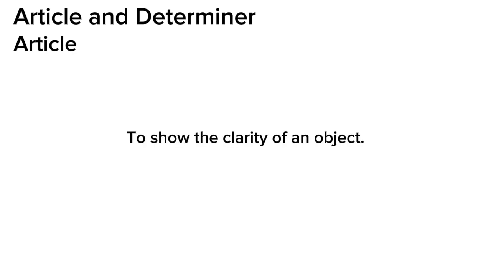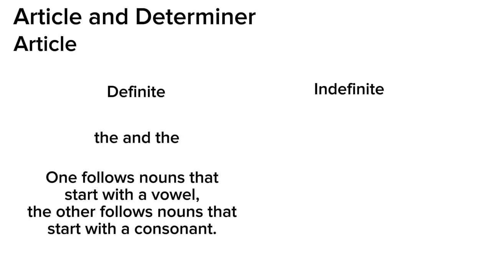Articles in parts of speech function to show the clarity of an object. The articles themselves are divided into two, namely definite and indefinite. Examples of definites are the and the. What's the difference? The writing is the same, the, but the way to read it is different.